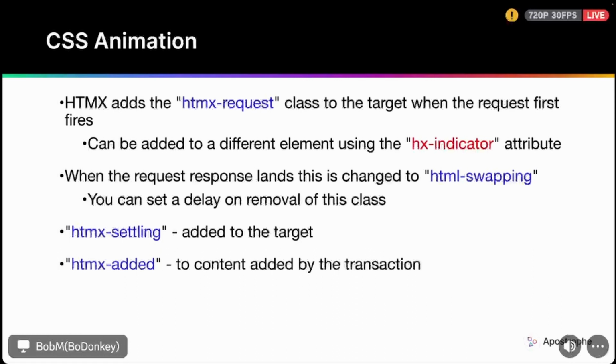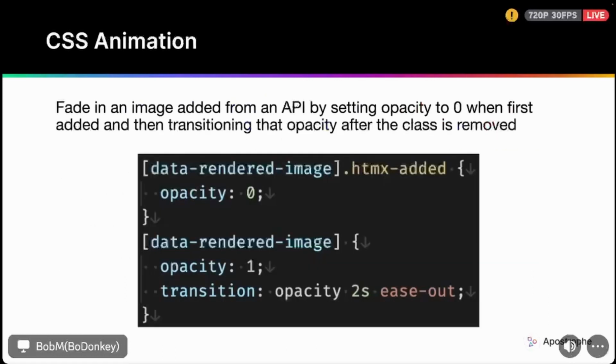We can take advantage of this, again, with CSS transitions. This is something I actually used in this little widget and page that I built. This styling says that we want to look on the page for any HTML elements that have an attribute of data-rendered-image, and if they have the class of htmx-added, we set their opacity to 0.